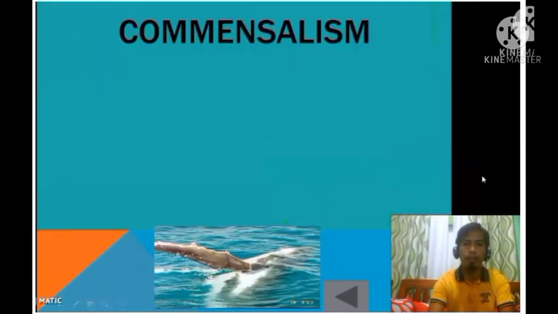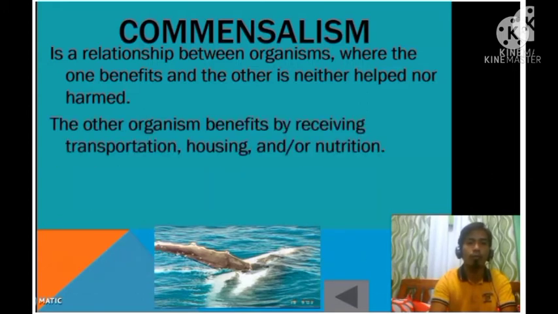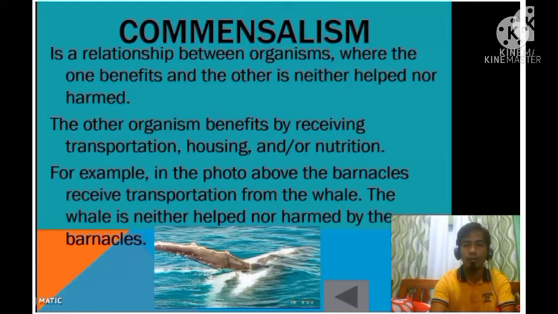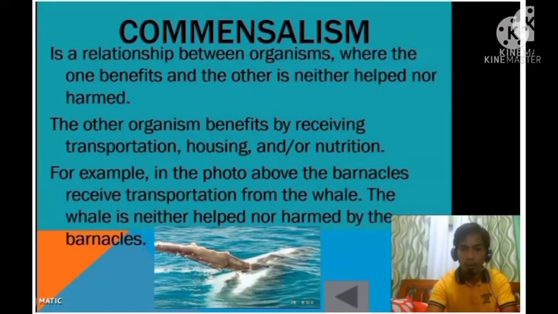Commensalism is a relationship between organisms where one benefits and the other is neither helped nor harmed. In other words, the organism benefits by receiving transportation, housing, or nutrition. In this example, the photo below, the barnacles receive transportation from the whale here in its fin.